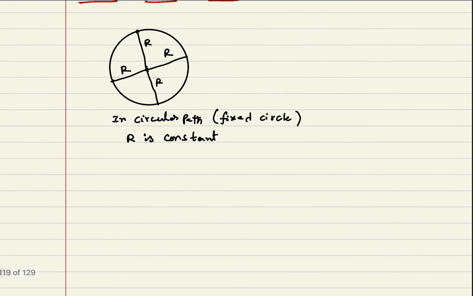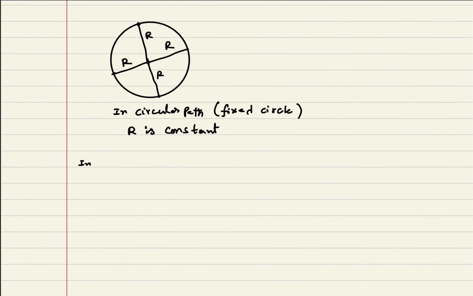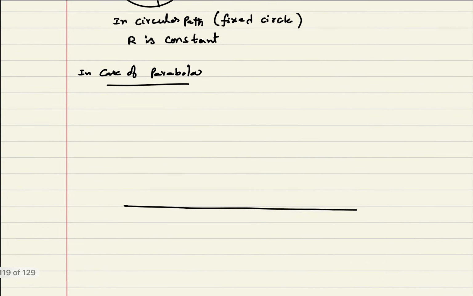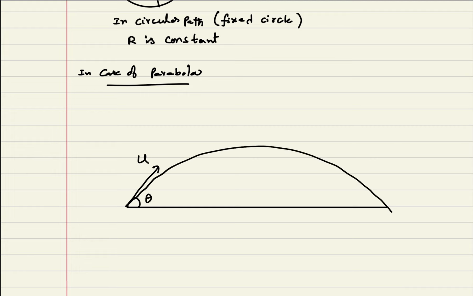Now similarly, if you take a parabolic path, a particle is projected from a certain point with angle theta, and now it is going like this.